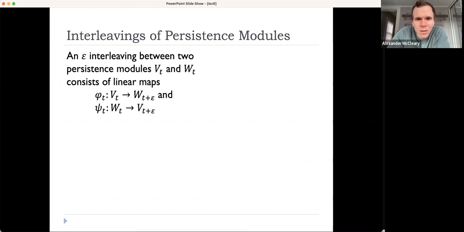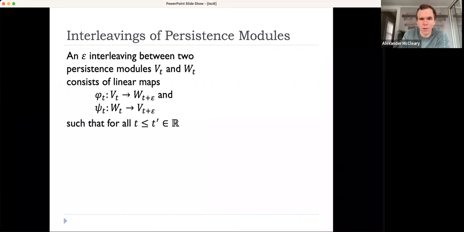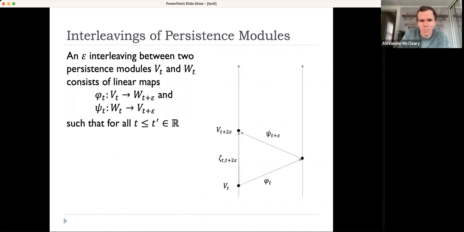So an epsilon interleaving between two persistence modules, V_t and W_t, is just going to consist of linear maps. So we're going to have phi_t from V_t to W_{t+epsilon} and psi_t from W_t to V_{t+epsilon}. And we're going to have these for all t in the reals. And what we want is that whenever t is less than or equal to t prime, we want this diagram here to commute.